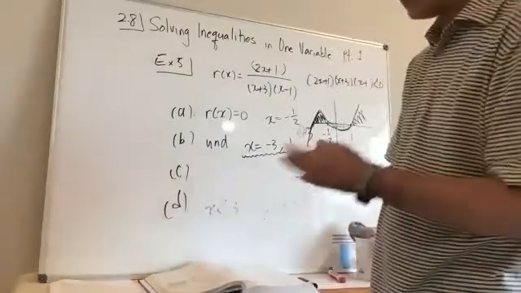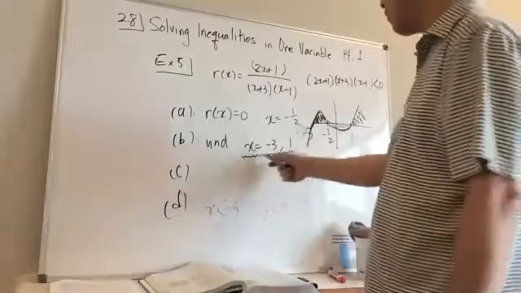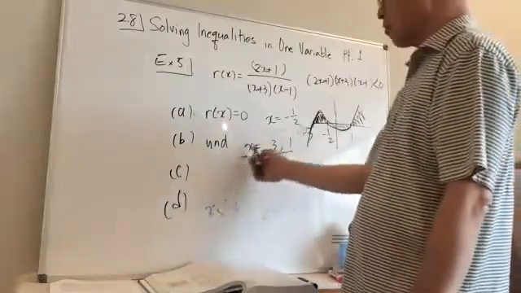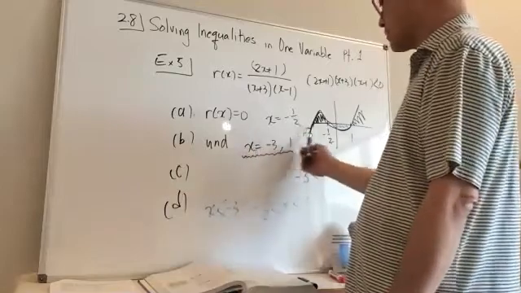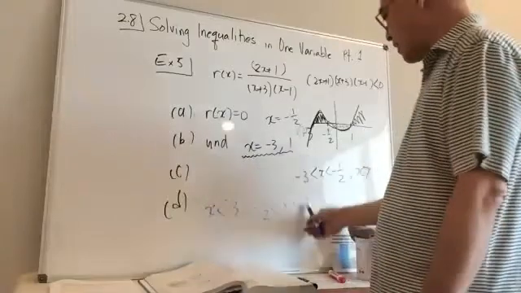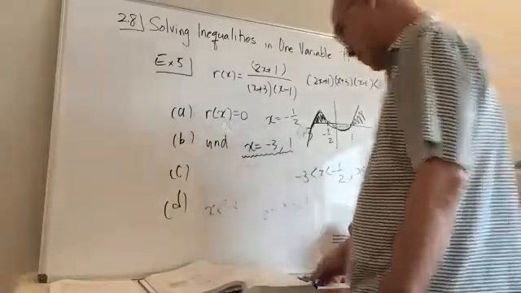One thing I did not mention, but kind of assumed, is that you always have to check that x can't be those excluded values. The -3 and the 1 are not included, so we're okay here.